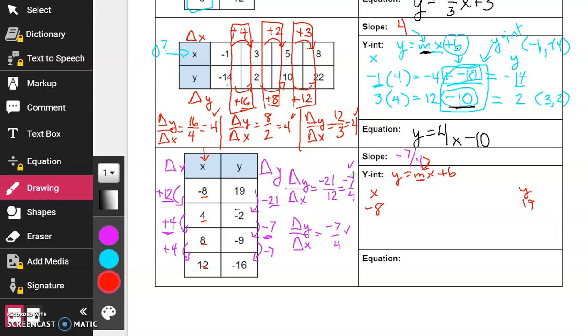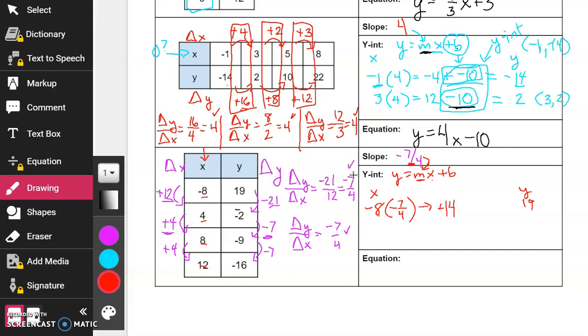Slope times x. So I'm going to take the slope, -7/4, times x. Use Desmos right here, guys. I know that -8 divided by 4 is -2, times -7 is going to get me to positive 14.